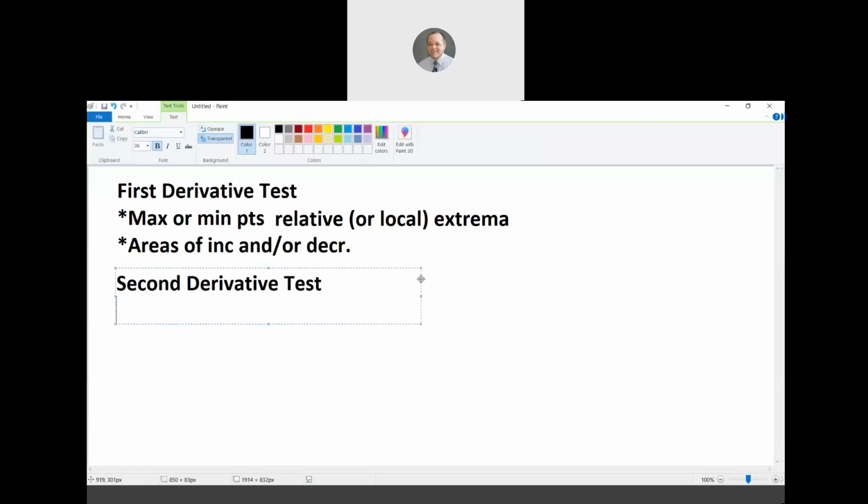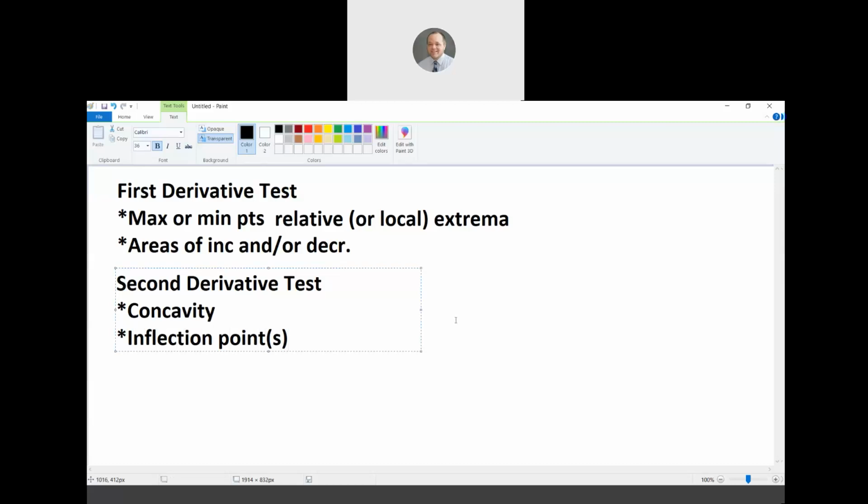I'm going over these terms with you in just a minute. The second derivative test, where you take the derivative the second time of your function, determines what's called concavity and also inflection points, if they exist.